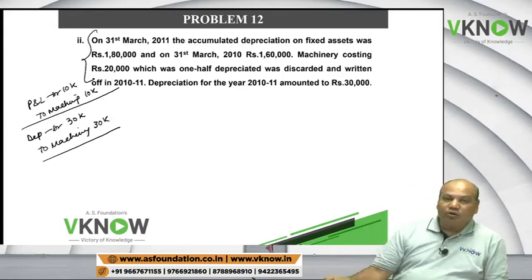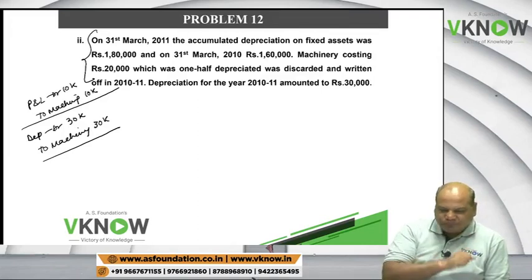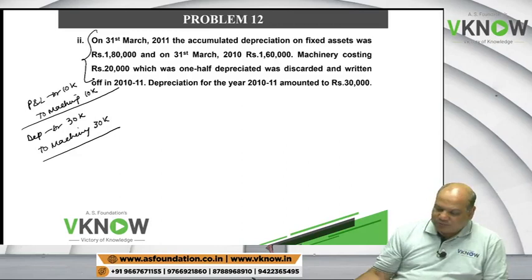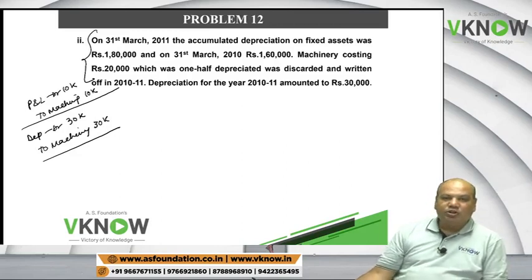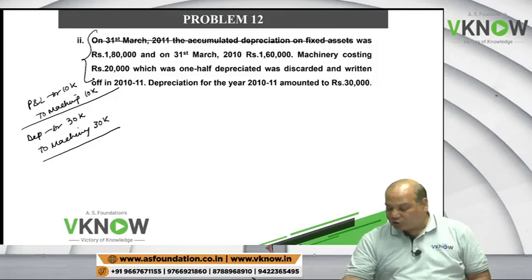And after that also, if the machinery account does not tally, it will be either purchase or sale. Okay. So after preparing machinery account, we will get to know what information is not required actually.